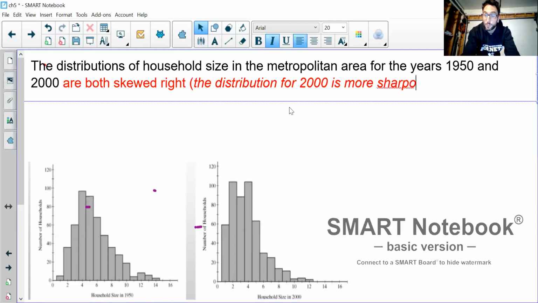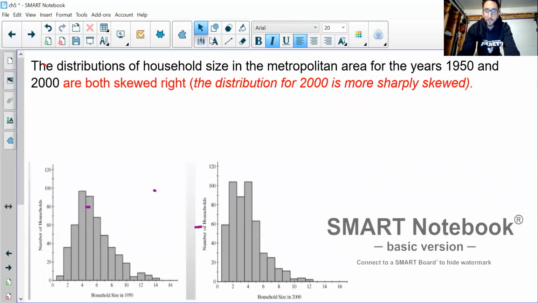So we can use a little bit of comparative language with the shape. But if we didn't have what's in italics, we'd still be able to get a perfect score. Remember that comparative language, we're really going to hammer it with the center and spread. So I'm putting that in italics because you may or may not write that. So there's our shape.